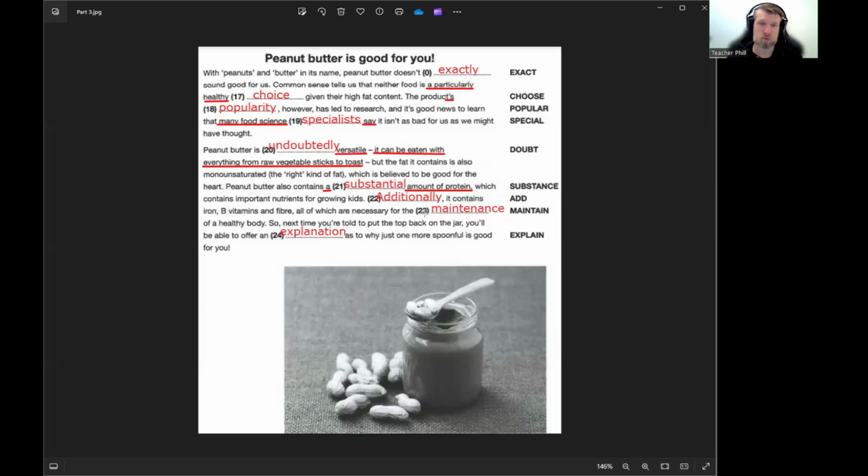Then in 23, I chose maintenance, the noun of maintain, simply because we have an article here. So again, that tells us there needs to be a noun afterwards. And because here we have a preposition, I think that we wouldn't use an adjective here. So I think here we need the noun, the maintenance of a healthy body.